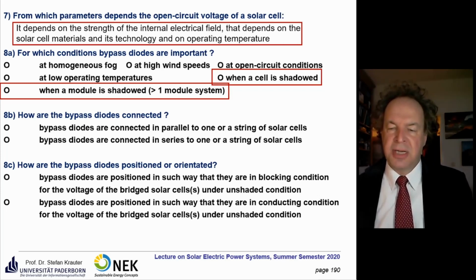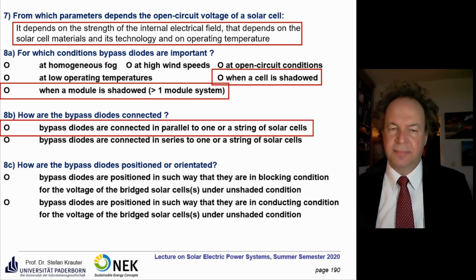As you know, the solar cells are interconnected in series, and if a cell has a lower current, it will block the whole series. So the bypass diode has to bypass this cell. In order to do that, it has to be connected in parallel to that cell or a string of cells. So that's the correct answer.